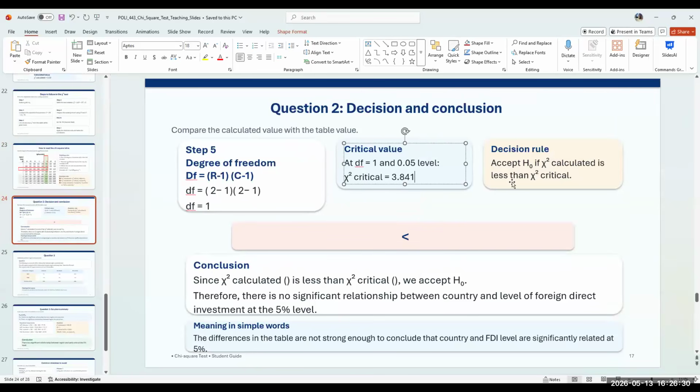Good. So this is what we had, 3.841. That's the answer we've gotten from the table, what we read from the table.